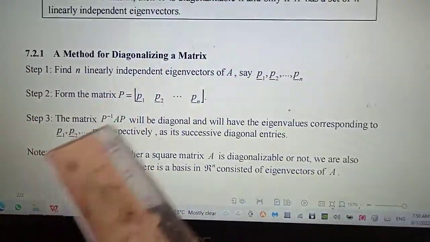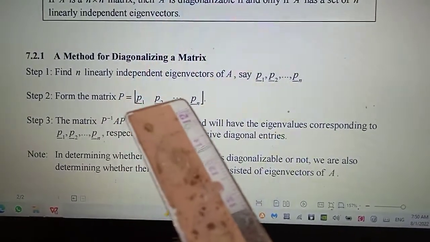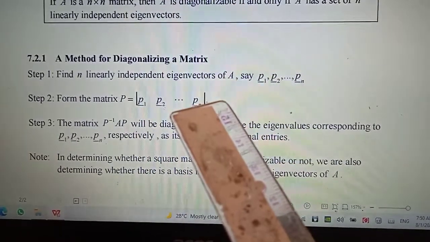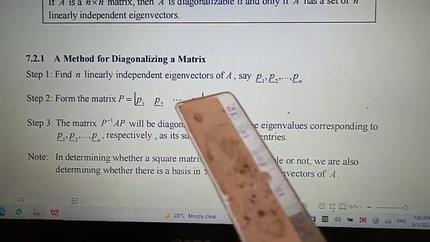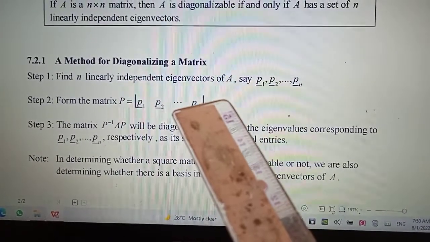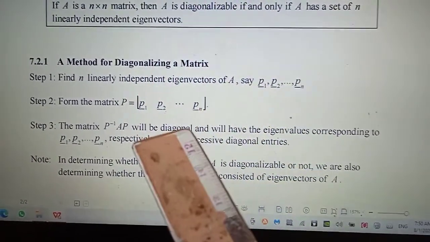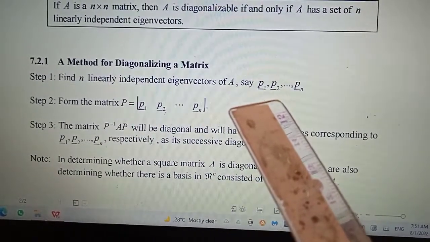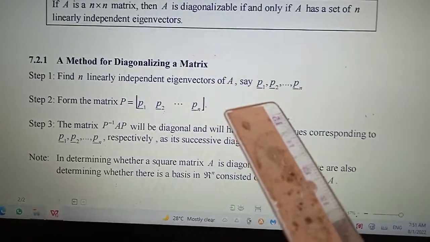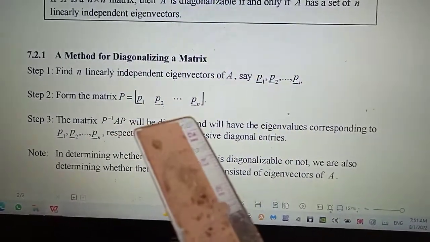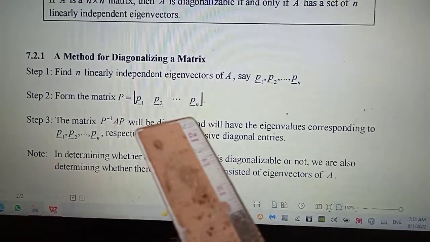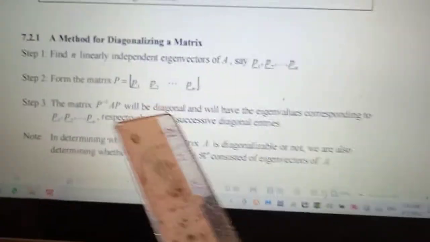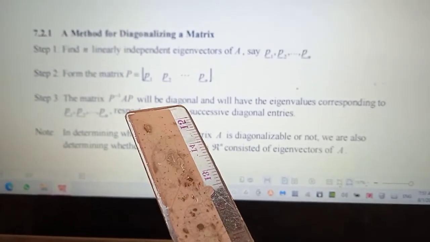Step 1, find n linearly independent eigenvectors of A. We will be asked to find the eigenvectors of A given a matrix A. Let's say P1, P2 until Pn is a set of eigenvectors for A. Step 2, for matrix P, we list down all the eigenvectors that we obtained in step 1, and let it be matrix P.